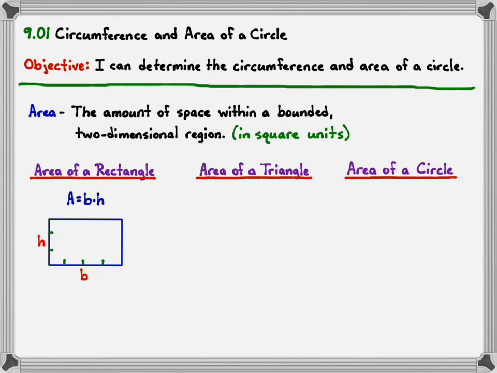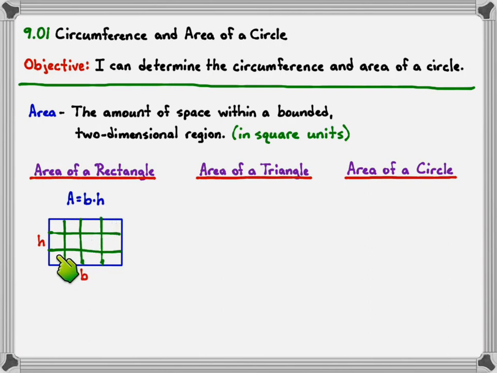So something like this. Well, what does the area mean? The area means that we are basically having a certain amount of squares in this object. Okay? So forgive my drawing, it's not perfect, but you can see that because this is 4 units wide and 3 units tall, the area is going to be 4 times 3, which is 12.